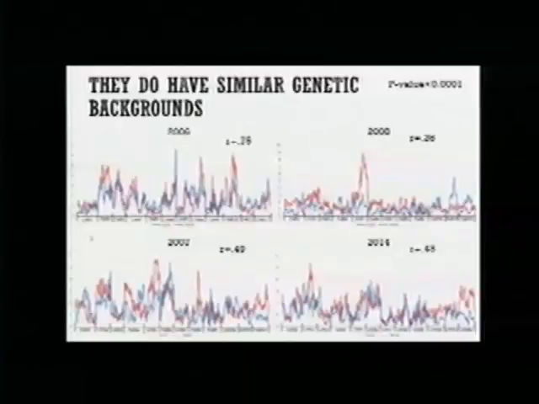However, the lines follow each other quite well. So we believe there's a similar genetic background to this trait, even though it didn't get to those established marks by the permutation test. And so, moving on.